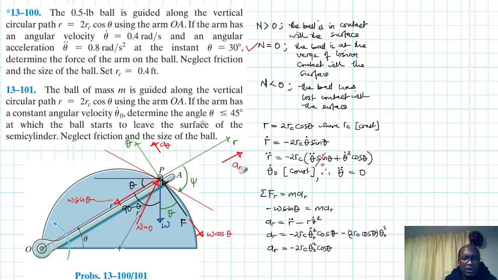So this is just a 4 here, like so. All right, let me come to the other side. Okay, there we go.